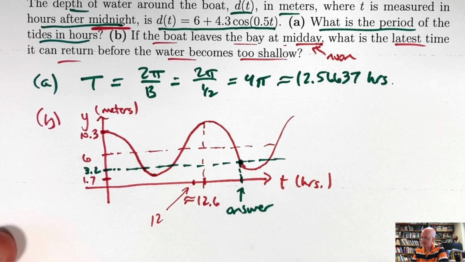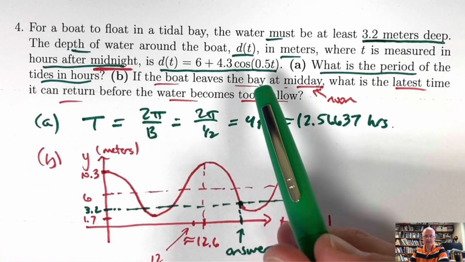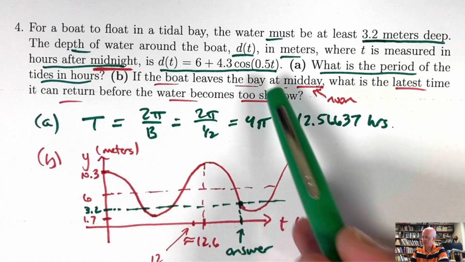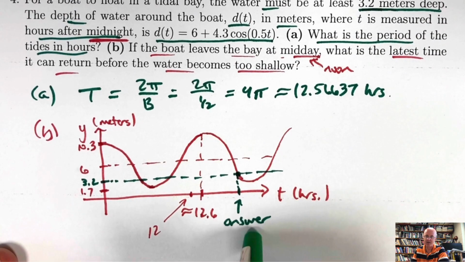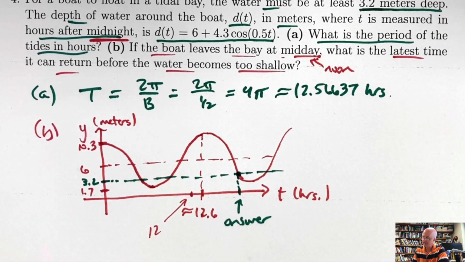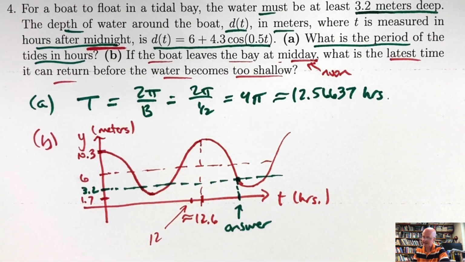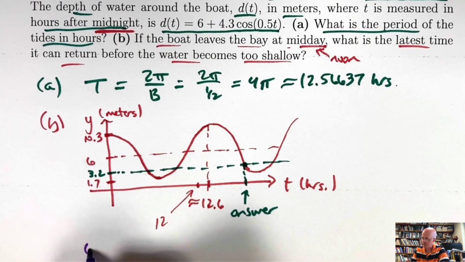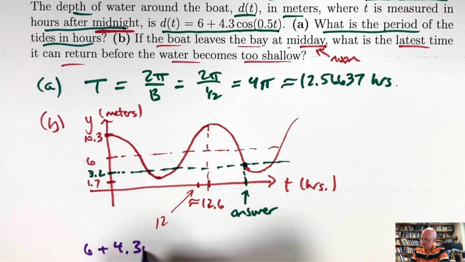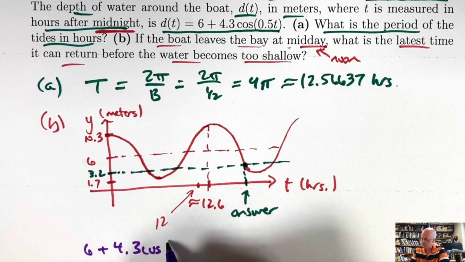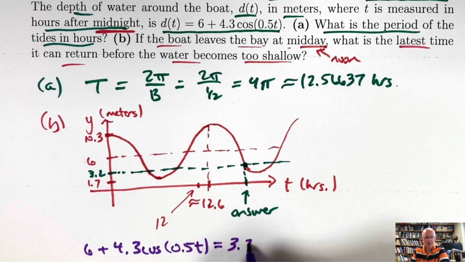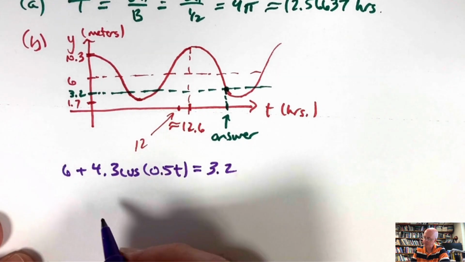All right, so it's a little tricky here. We need to set this equal to 3.2 and solve for t, but we need to find that answer right there, not any old answer. So let's set d of t equal to 3.2. Like that.